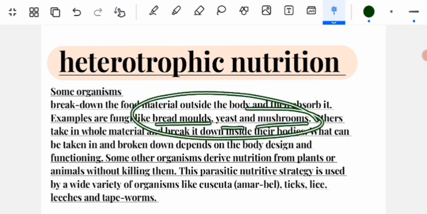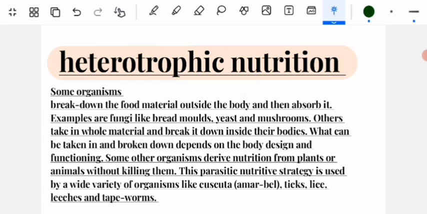These also belong to the different categories which come under the fungi kingdom, which you will learn in class 11. Okay, class 11 you will learn it. And also others will take the whole material like us and break it down inside the bodies like humans.